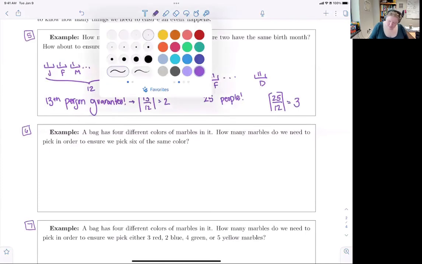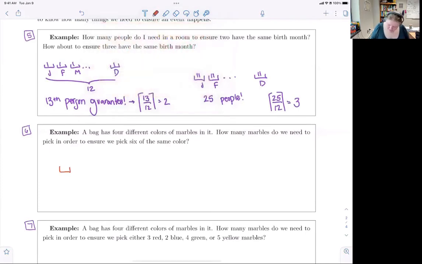Well, red, yellow, green, and blue. I want to pick 6 of the same color. Well, if I have 4 and I need this to equal 6, try it out, see what you can find.